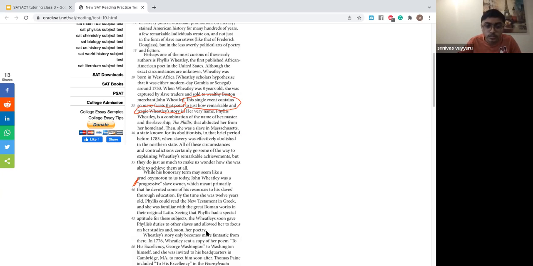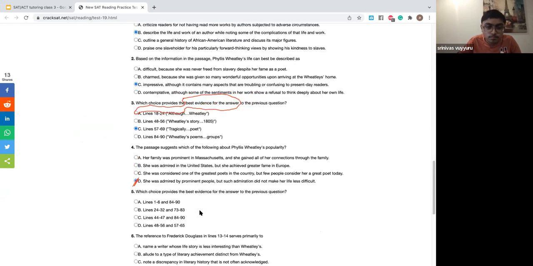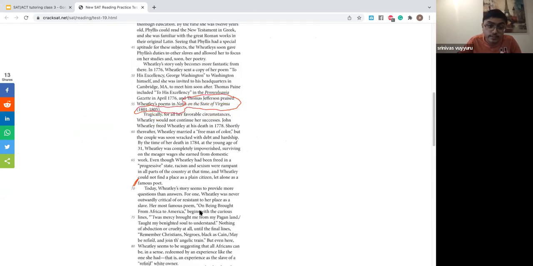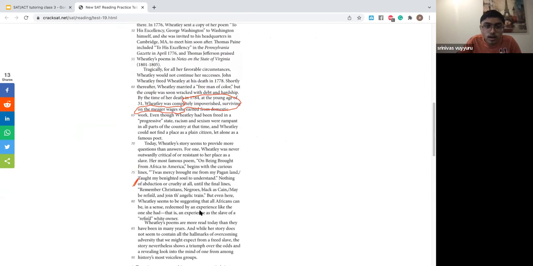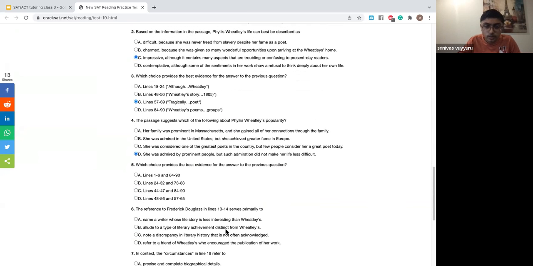So we have to see what the other one is. 73 to 83 talks about how she never really talked about how slavery was bad. It just says she never talked about slavery as a bad thing. So that isn't the answer either, simply because it doesn't talk about everything. So we go back to here. A and B can be crossed out.